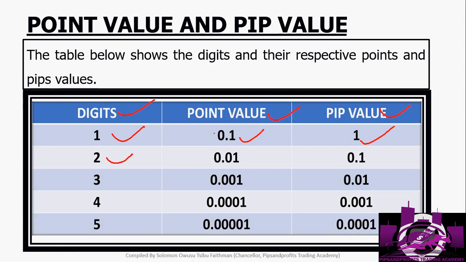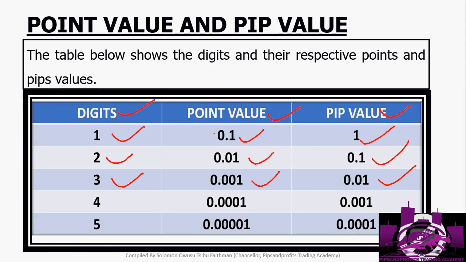If the digit is 2, then your point value is 0.01, and your pip value is 0.1. If your digit is 3, then your point value is going to be 0.001, and your pip value is going to be 0.01.